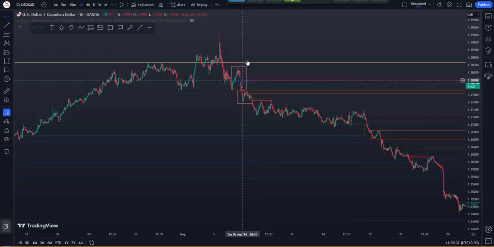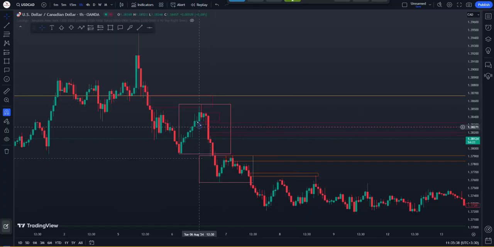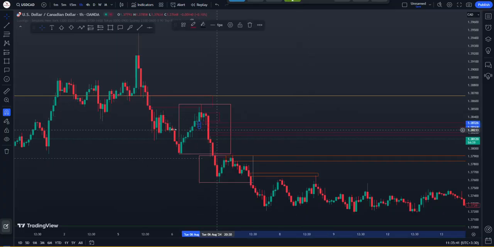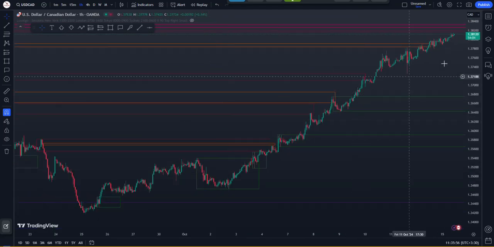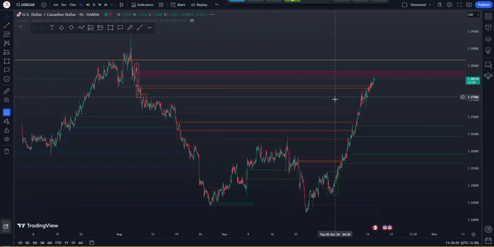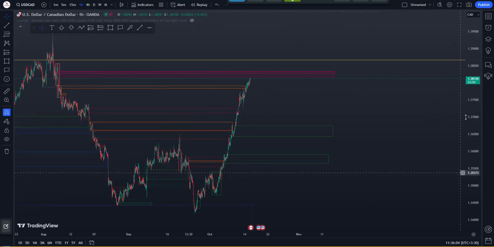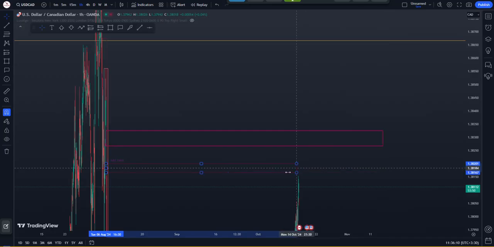Let's see here what I talk about. This one is an important area for me. So if I think about that one, I'm waiting for price to reach here and maybe go short if that's possible, and if short structure is made by price action.